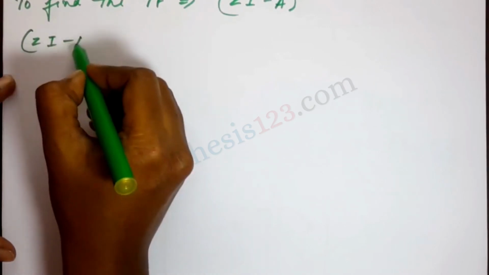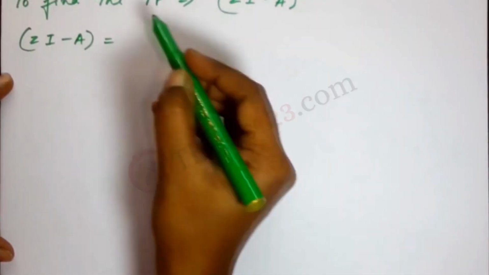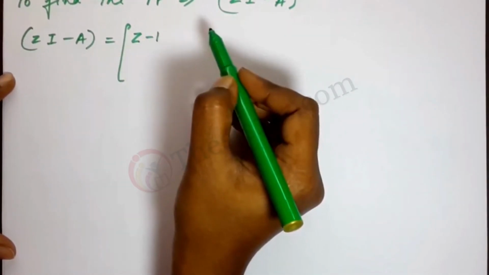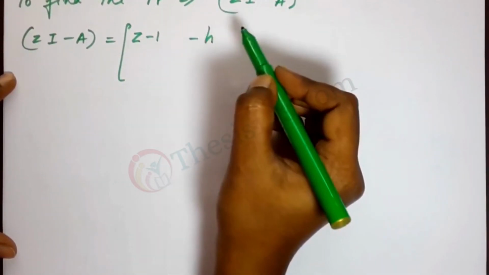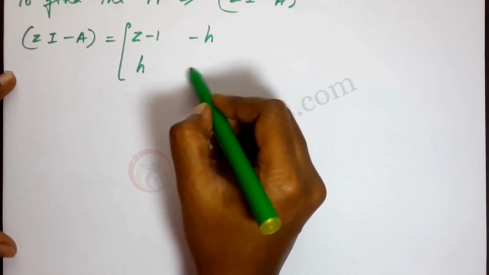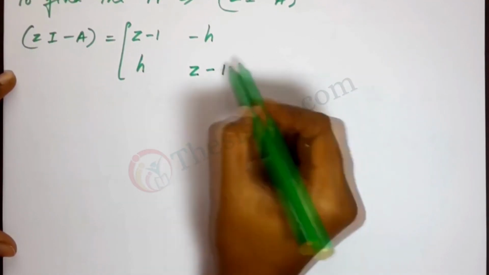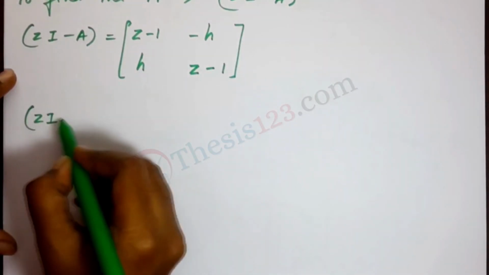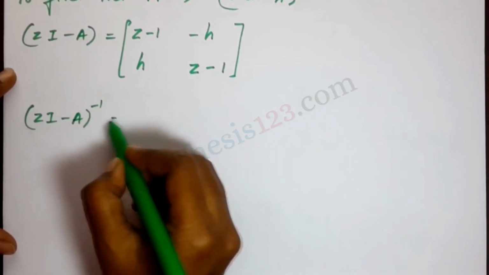Now zI minus A can be written as the matrix with rows z minus 1, minus h, and h, z minus 1. Now we need to find the inverse, zI minus A inverse.